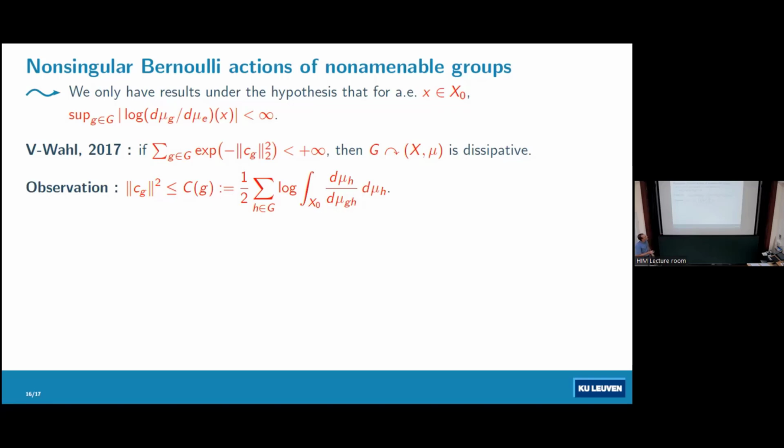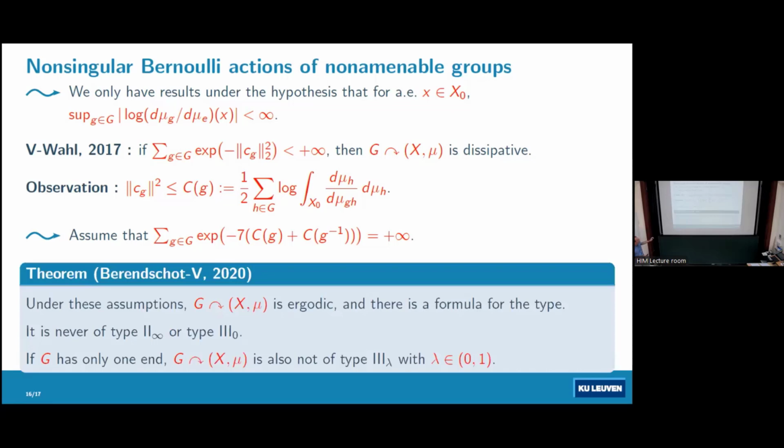It is somehow saying how close mu of gh is to mu h, because if they are equal, then this integral is 1, the logarithm is 0, so you see things are good. And then the theorem is that if such a sum is plus infinity, which is of course not the contraposition of this one being summable, then everything is nice.